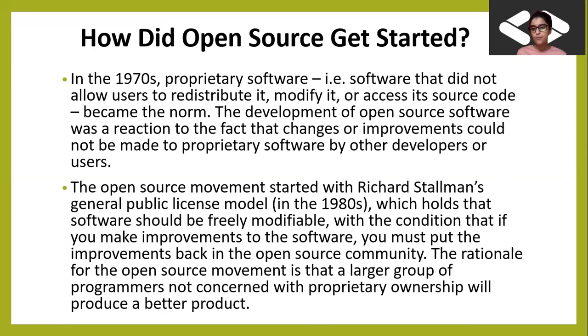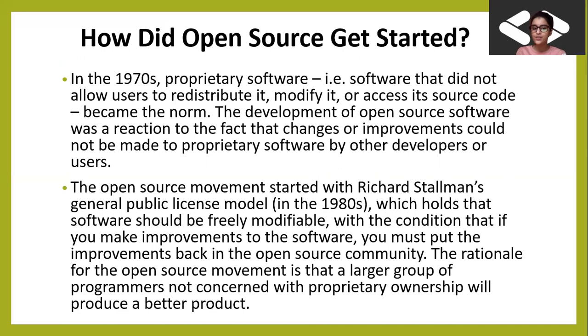So the development of open source software was a reaction to the fact that change or improvement could not be made to proprietary software by other developers or users. And people were pretty frustrated at that point of time. They wanted to change the software, specifically the developers, but they couldn't do anything because they were not allowed to. So the open source movement started with Richard Stallman's General Public License model, which was in the 1980s.